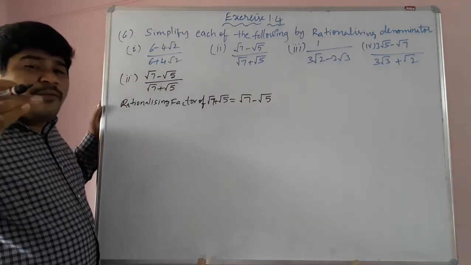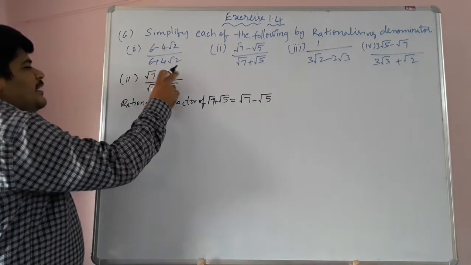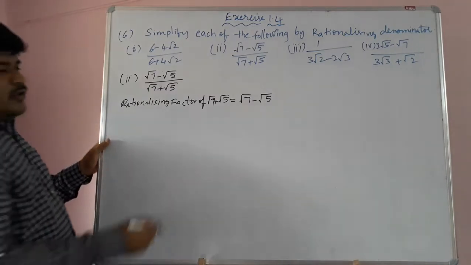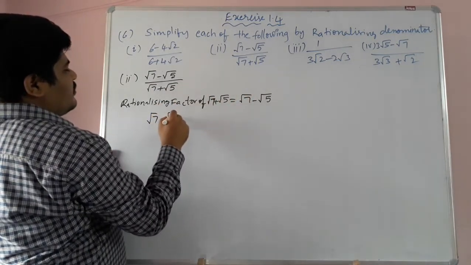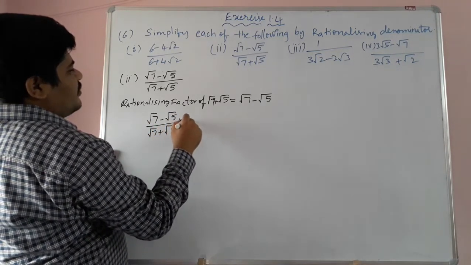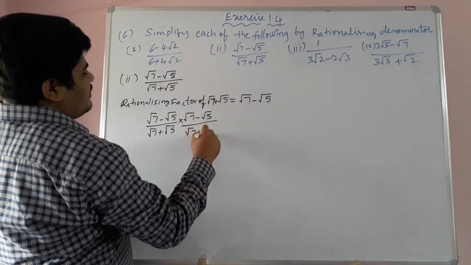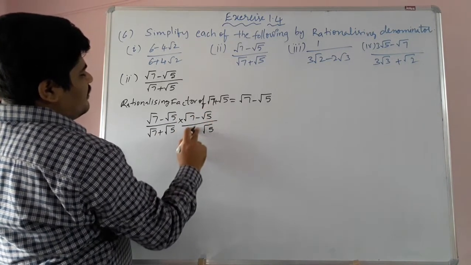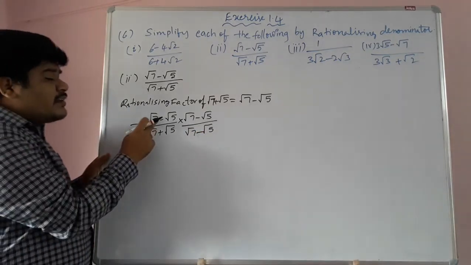So with root 7 minus root 5 by root 7 minus root 5, we have to multiply the given expression. So here root 7 minus root 5 by root 7 plus root 5 into root 7 minus root 5 by root 7 minus root 5. So students, here both the numerators are the same.